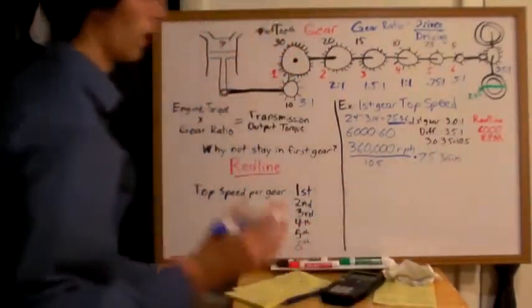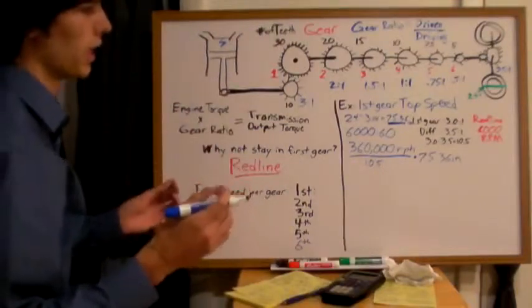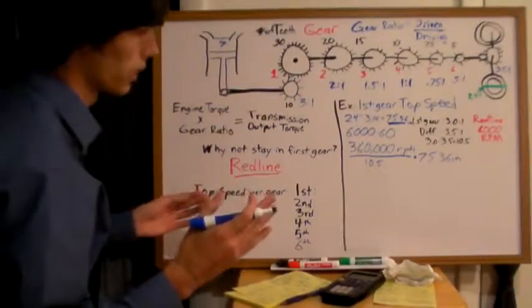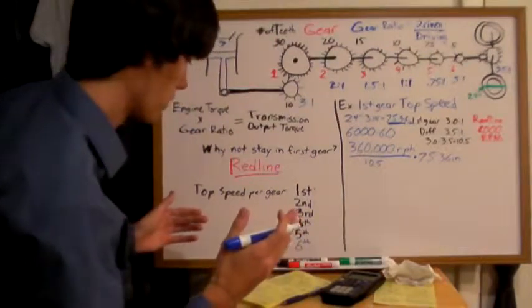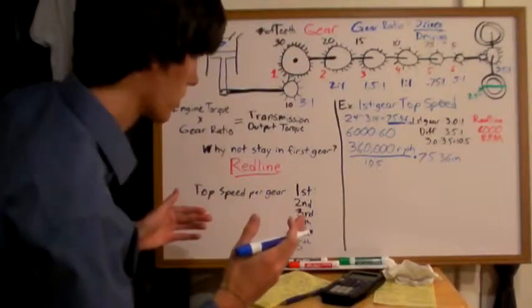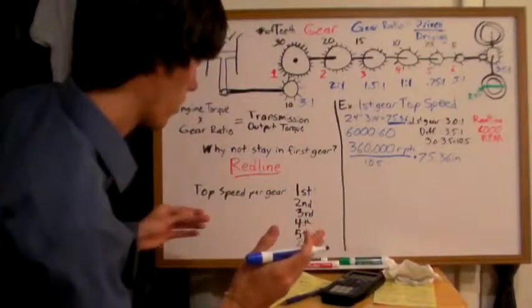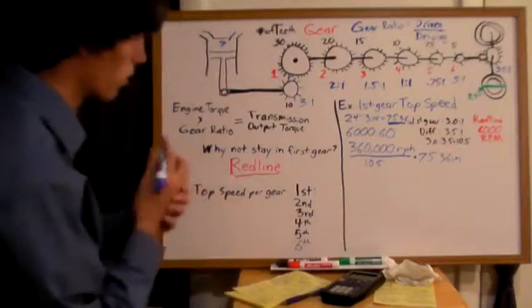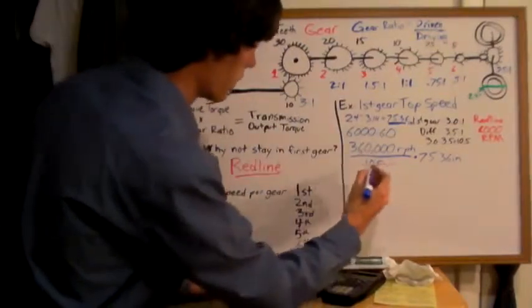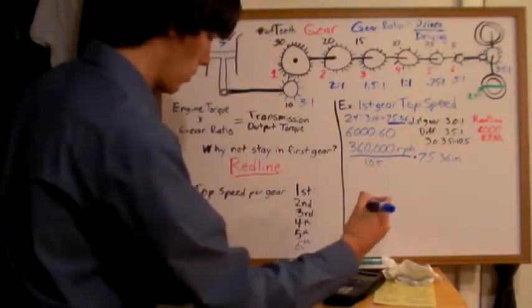This is going to give you a speed in, let's see, you're going to have distance per hour, it's going to be inches per hour, right? So once you divide all this out, you're going to have this in inches per hour.